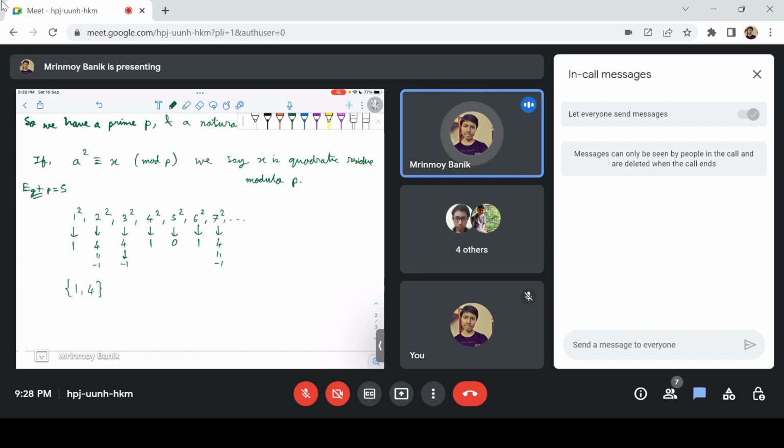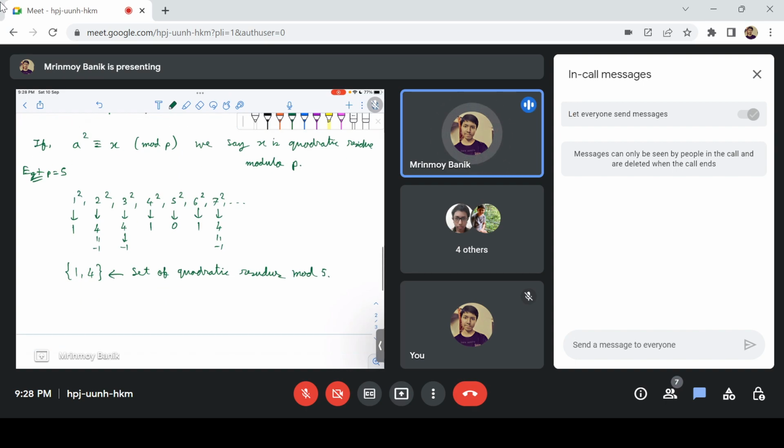So 1 and 4 is a set of quadratic residues modulo 5, right? So this says whenever we divide any perfect square by the number 5, we can only get 1 or 4 as a remainder.